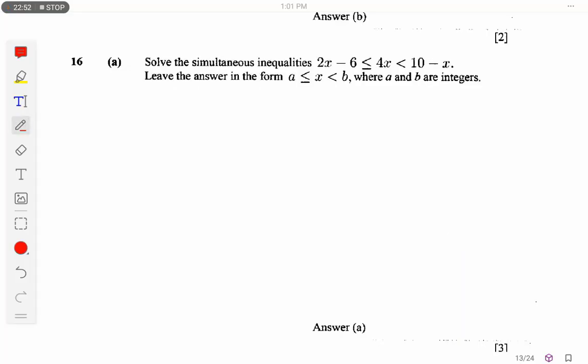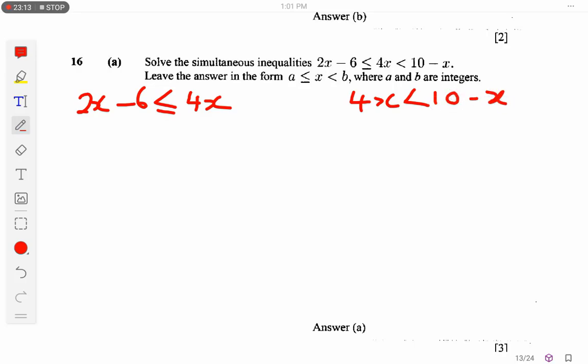When we have such a question, you simply take first this one, then you take that one. So let's do that. For the first one, I'll have 2x minus 6 is less or equal to 4x. Then the second one, I have 4x is less than 10 minus x. Now I solve these two.